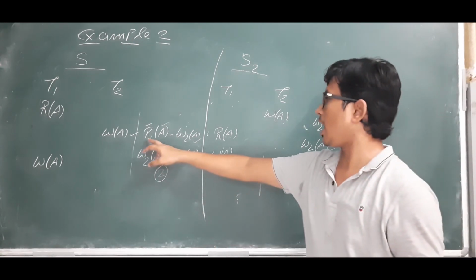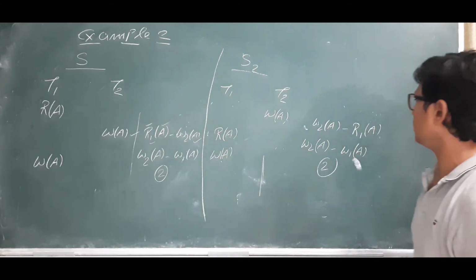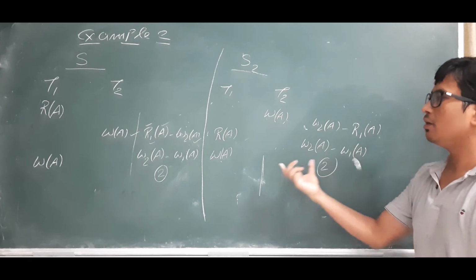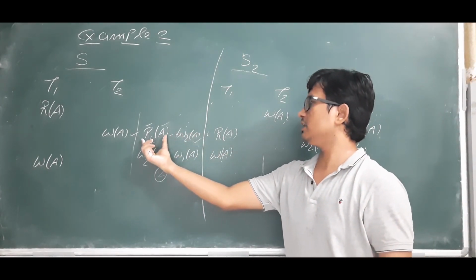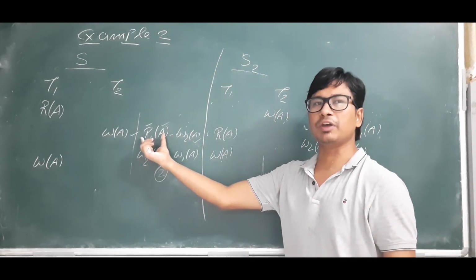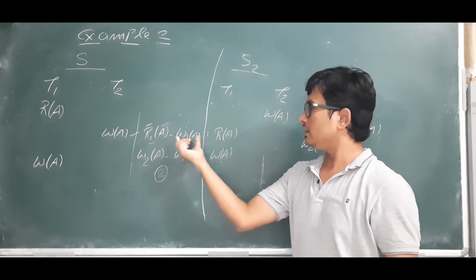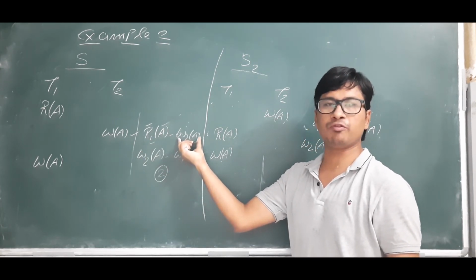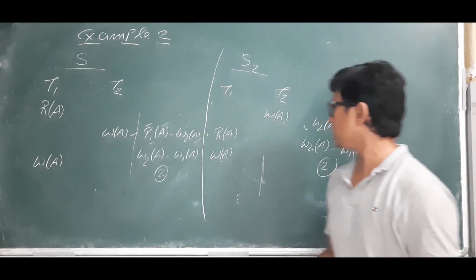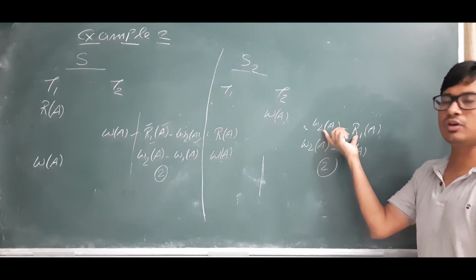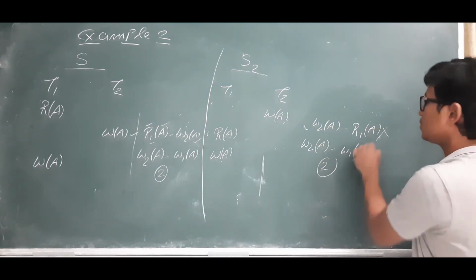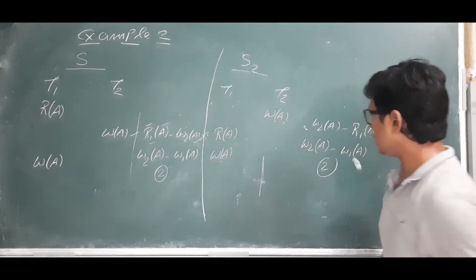This one says R1 of A, W2 of A, but the schedule has them in the reverse order. What is the meaning? First, in transaction 1 you perform the read on data item A, then in transaction 2 you perform the write on data item A, but it is in the reverse order. So these two are not correct. What about this one?